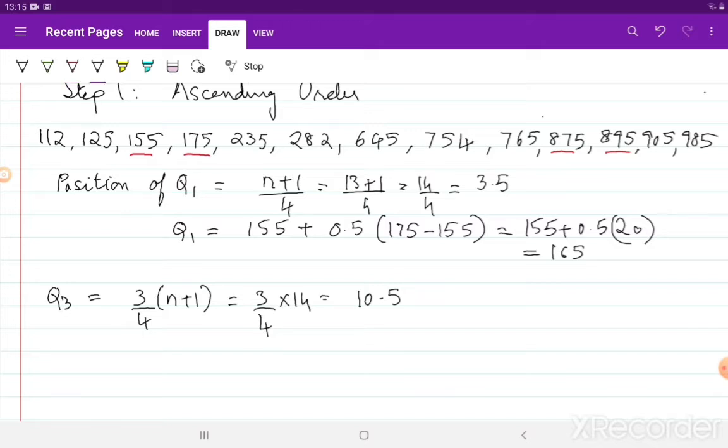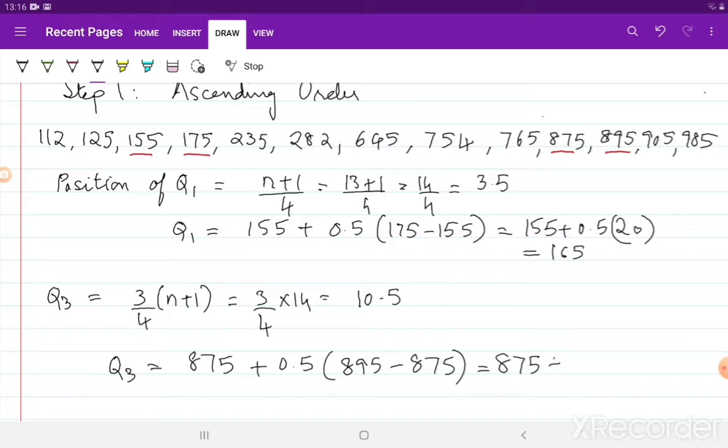So to calculate it, we'll write it as the 10th number, 875, plus what is remaining, 0.5 times the difference between 895 and 875, which is basically 0.5 times 20 again.